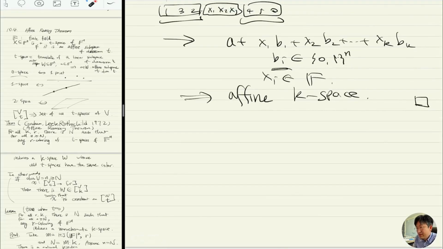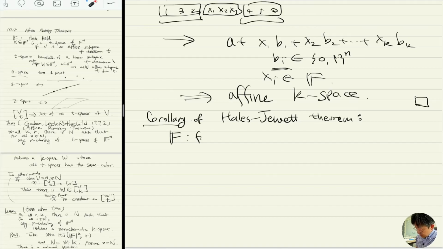Now let me show you another simple corollary of Herzog theorem, which we will use later. So let's say F is finite field.